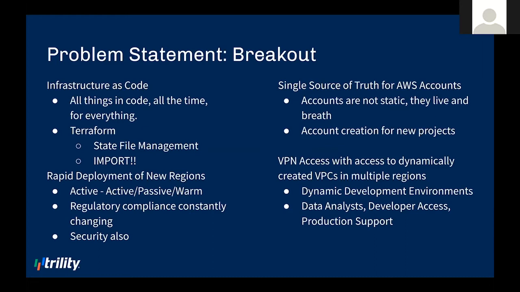And then again, I mentioned VPN access and being able to access these dynamically created regions and VPCs. Much like the accounts are living and breathing, VPCs should also be living and breathing. My personal opinion, more often than not, is that the only two things that should ever live forever in an AWS environment are your production space and potentially your tools and shared services.